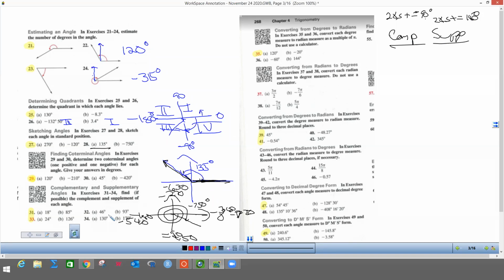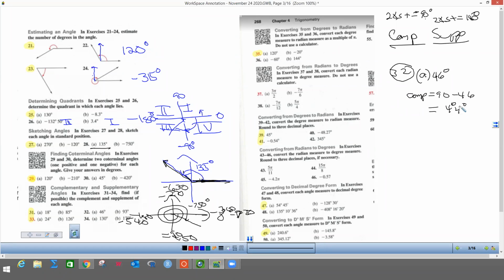So if I come down here, I'm going to just do number 32. I'm only going to do A. So this says 46 degrees. If I want to get my complement to this, my complement is going to equal 90 minus 46. When you take 90 minus 46, you're going to get 44 degrees.